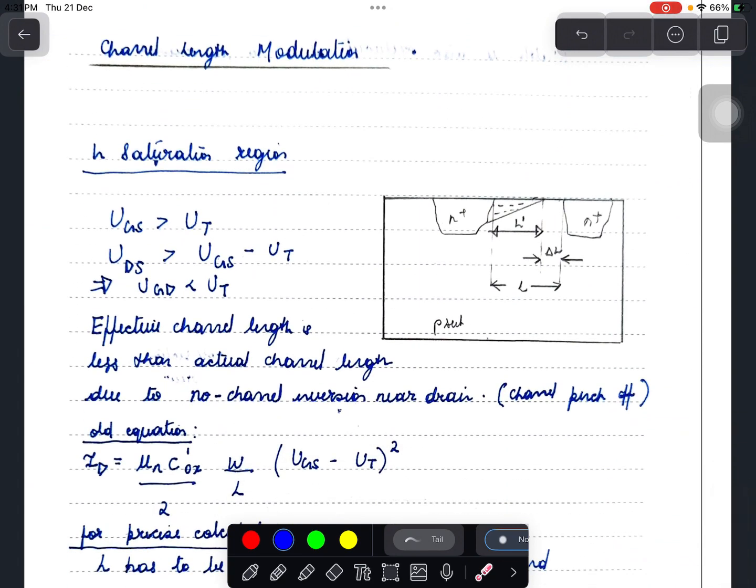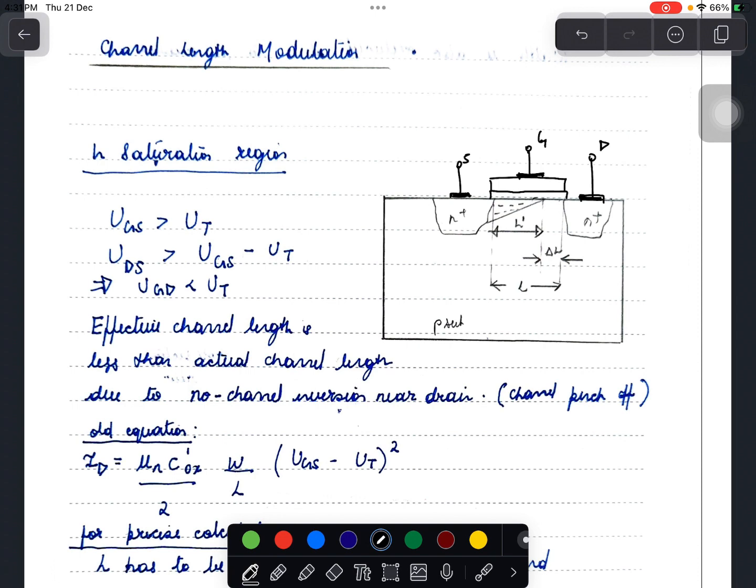We know during saturation region, the gate to drain voltage is lesser than the threshold voltage. If this is the gate, and this is source, and this is drain.